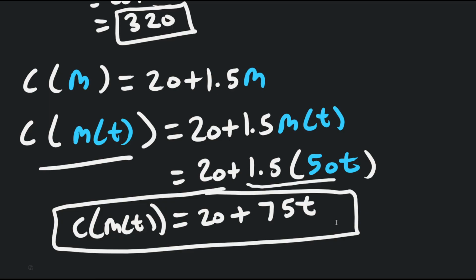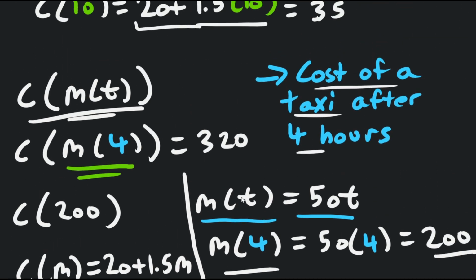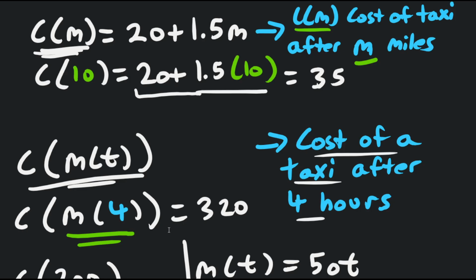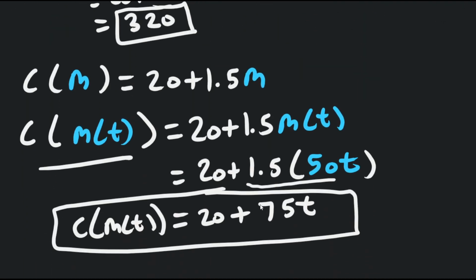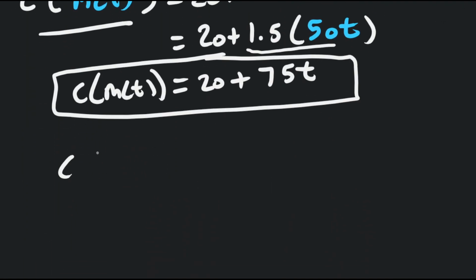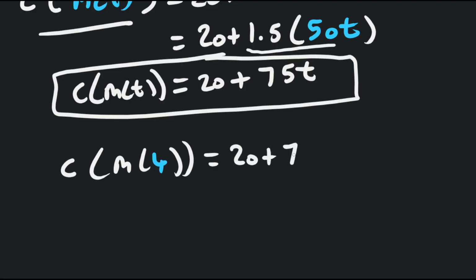And now we can go ahead and test it. Our original problem we had up here, C of M of 4, we know is 320 right here. So let's find C of M of 4 using the new formula we've created. C of M of 4 equals 20 plus 75 times 4.